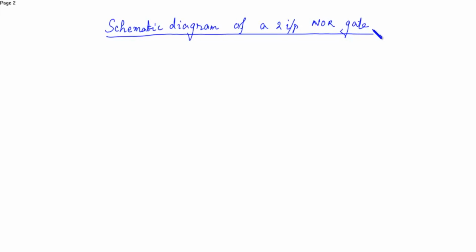So the PMOS is in series and the NMOS is in parallel.